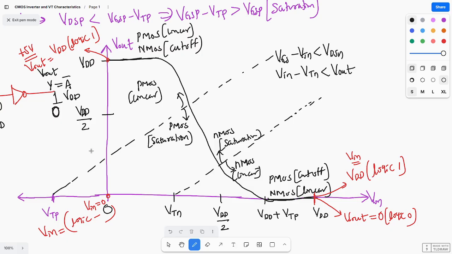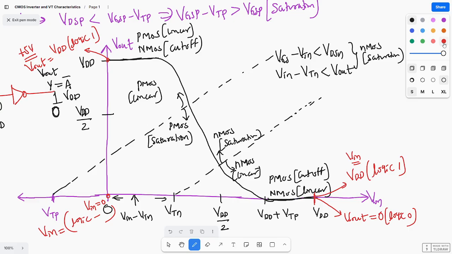So this is the condition: V in minus VTN less than V out only. Then NMOS is operating in the saturation region.